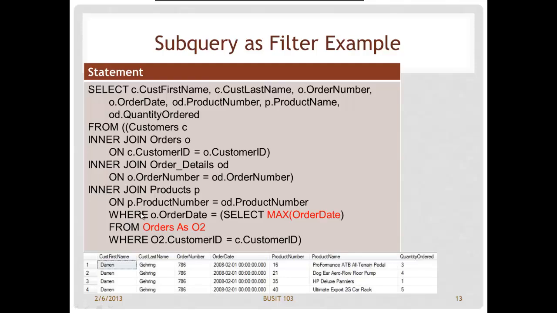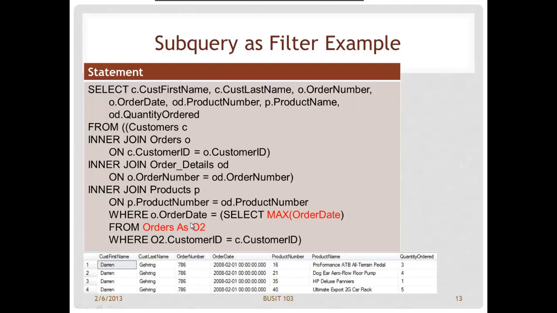And then our where statement has where order date equals, and then here's our subquery: select max order date from orders as O2 where O2 customer ID equals C customer ID. Now the O2 here is because we've already defined O up here, and we're going to do a comparison on itself.